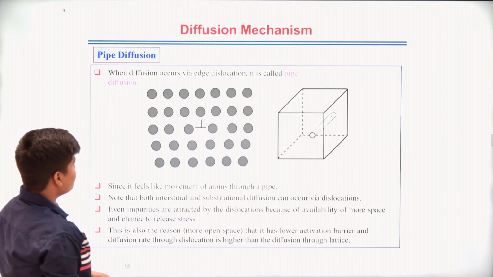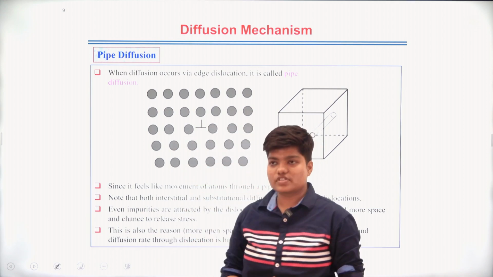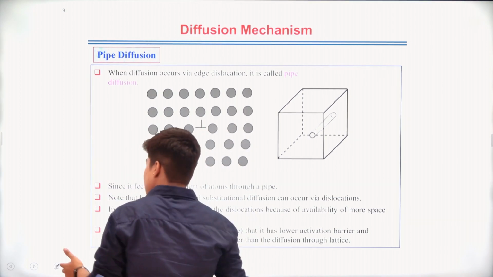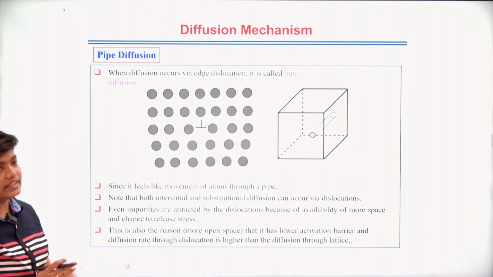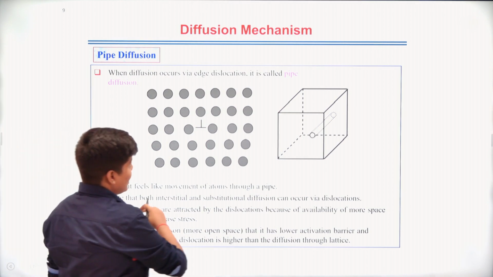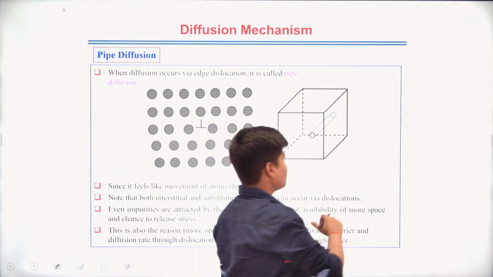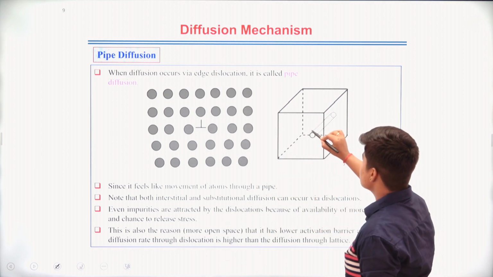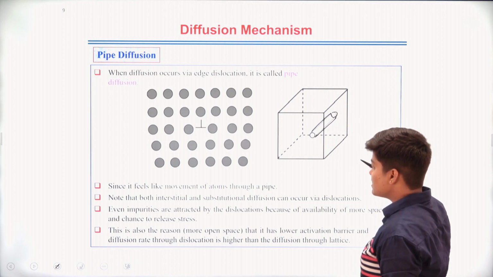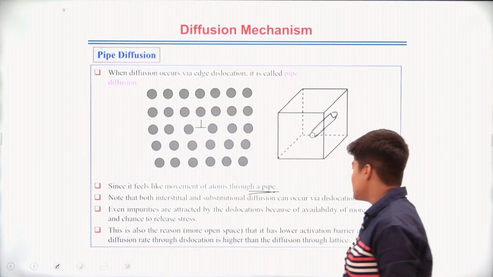And the fourth type is pipe diffusion. In the last slide we saw vacancy, interstitial, and interchange exchange, which happen only in the lattice, but here the diffusion happens in a pipe-like shape, where some edge dislocation is present. From here you can see clearly this is the pipe diffusion, the movement of atoms through a pipe.